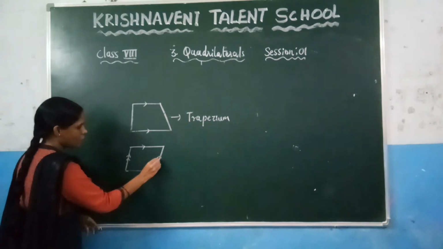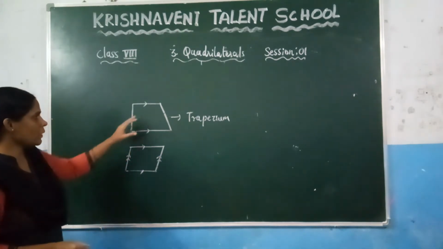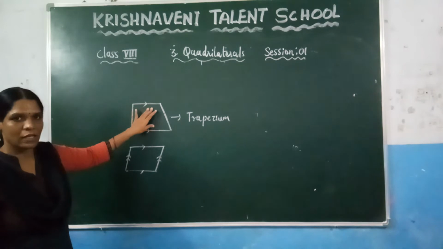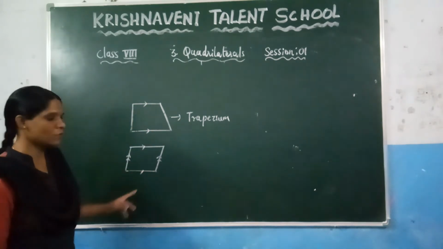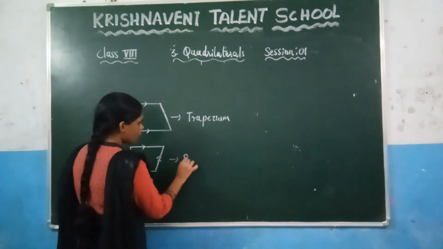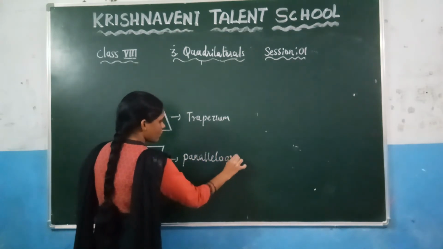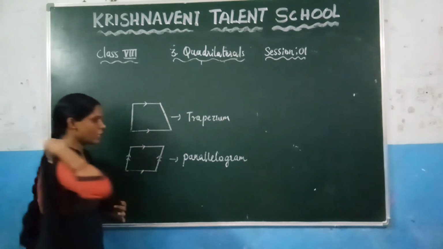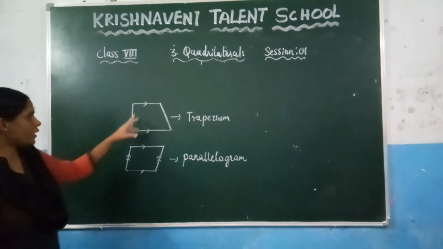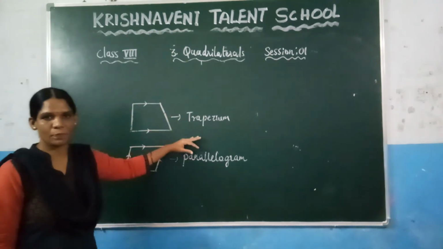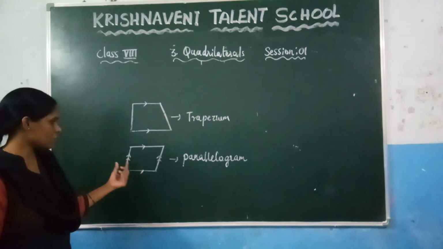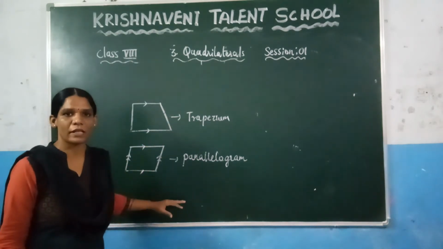That means in a trapezium one pair of sides are parallel, and this one we call a parallelogram. So if in a quadrilateral, one pair of sides are parallel, we get a trapezium, and if two pairs of sides are parallel, we get a parallelogram.